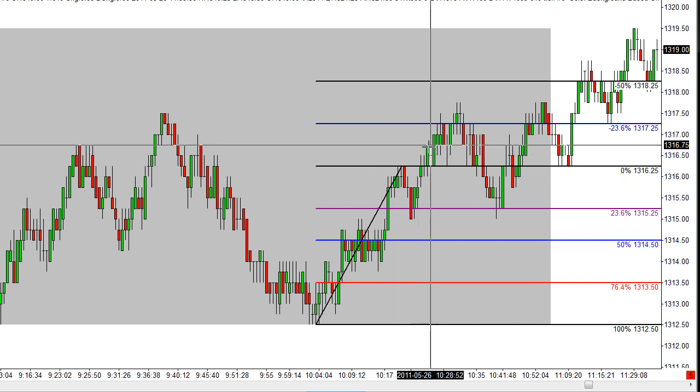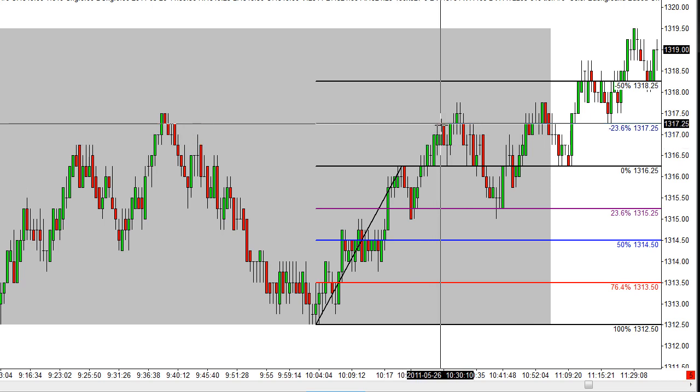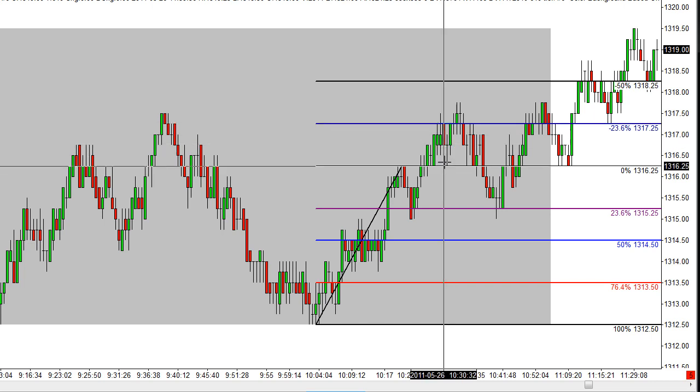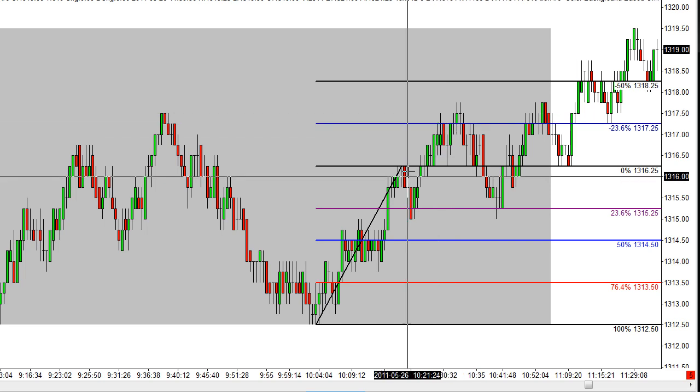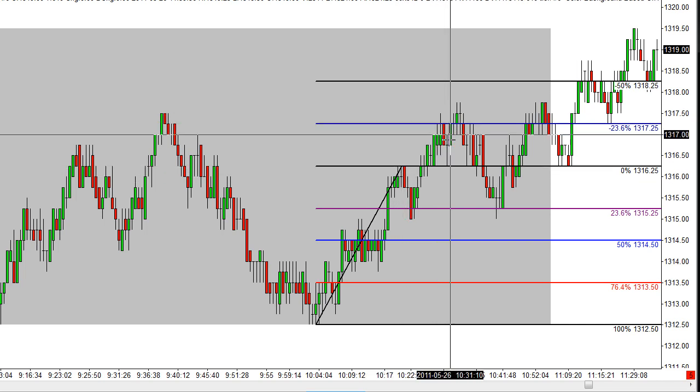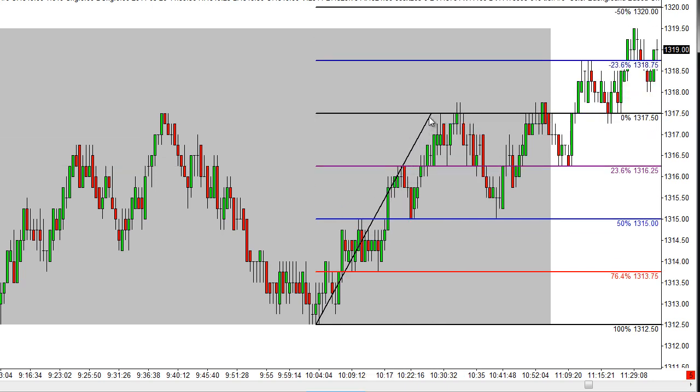You see, it gets past half the distance here, gets to the negative 23.6% line, and then retraces to the 0% line. Then you can move the 0% line to the new pivot made, the new high that was made right here. So as soon as I see price retrace back to the 0% line, I would move the line to this new high right here.